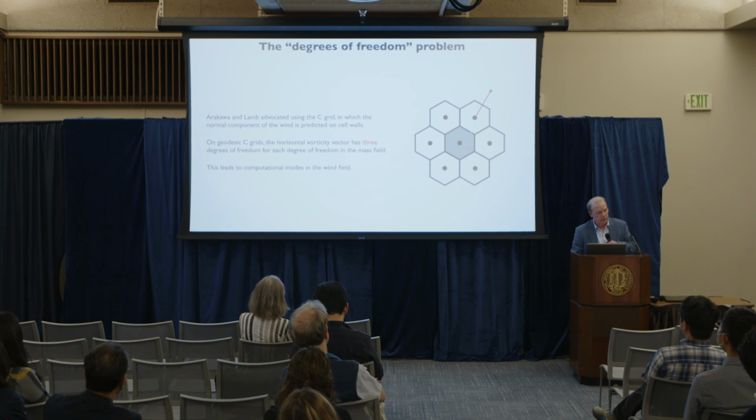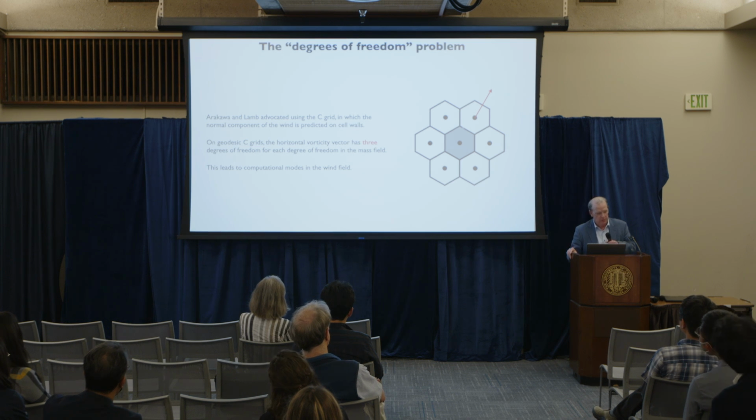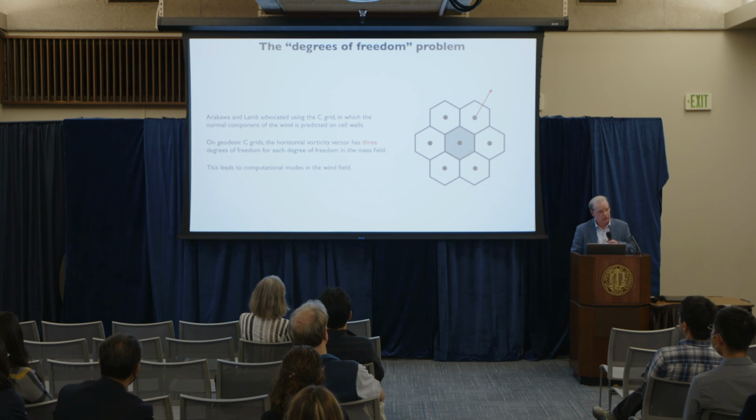So there's really only 3 wind variables per mass point, but that's too many. There's only supposed to be 2. So there's too many winds. And what that means is that there'll be spurious computational modes in the wind field. So this is a practical problem. It makes the solution noisy, and it can cause trouble, especially when there's water in the model.